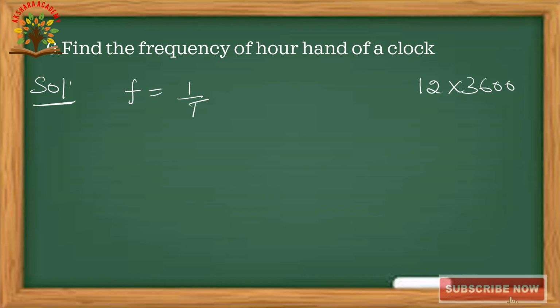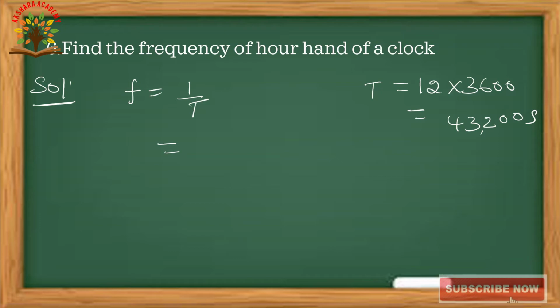3600 seconds. So that is equal to 43,200. So the time taken for the hour hand of a clock is 43,200 seconds.